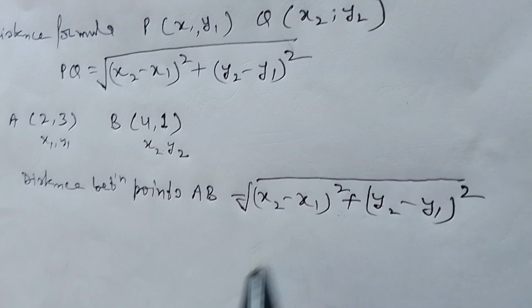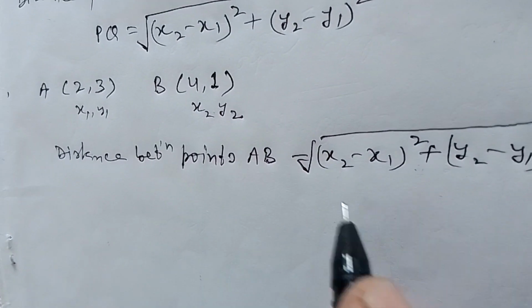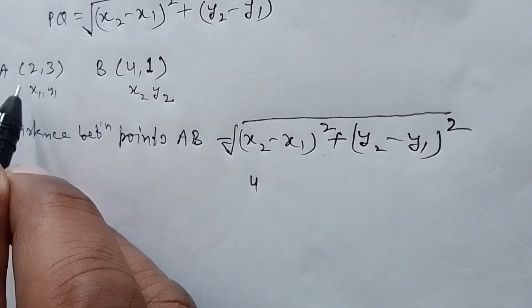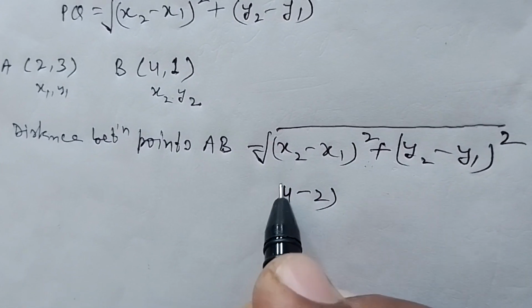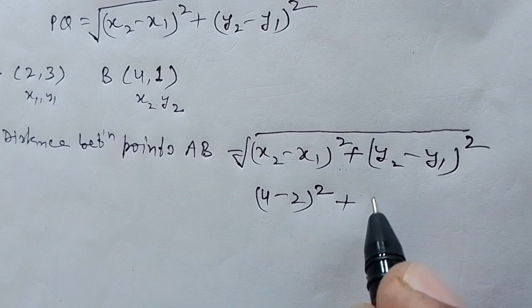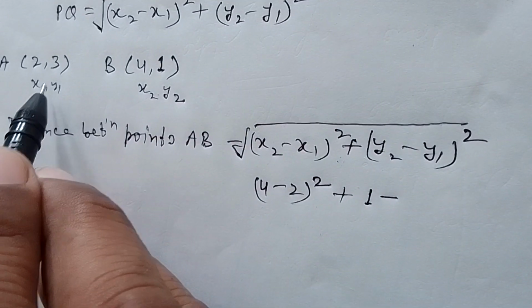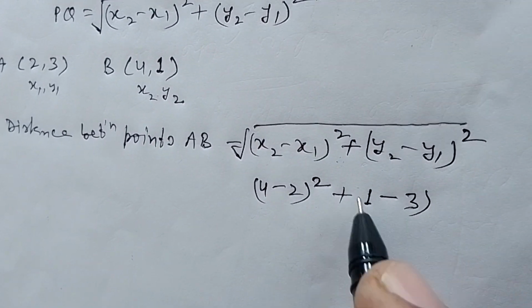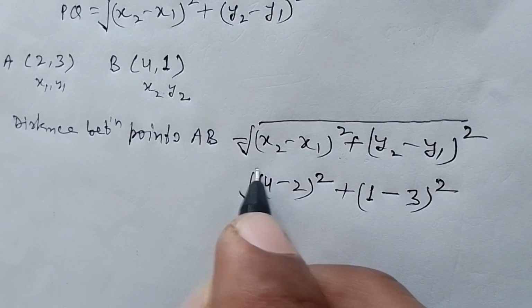Now we will put in the values. X2 is given as 4 and x1 is given as 2, squared, plus y2 given as 1 minus y1 given as 3, squared, all under root.